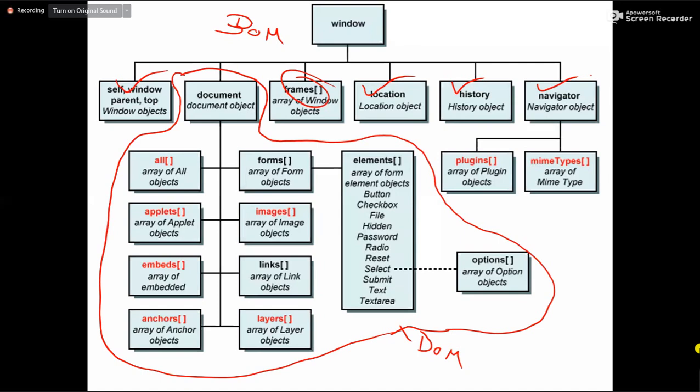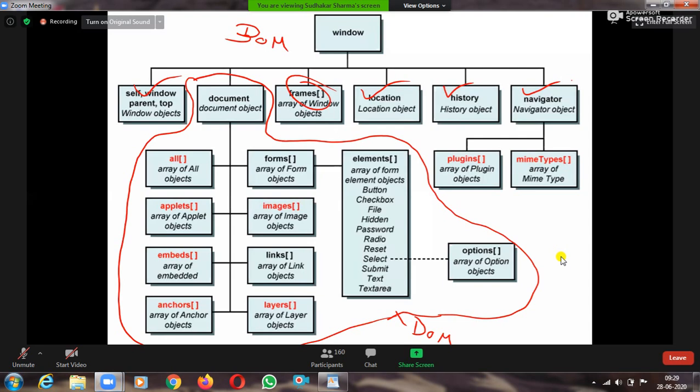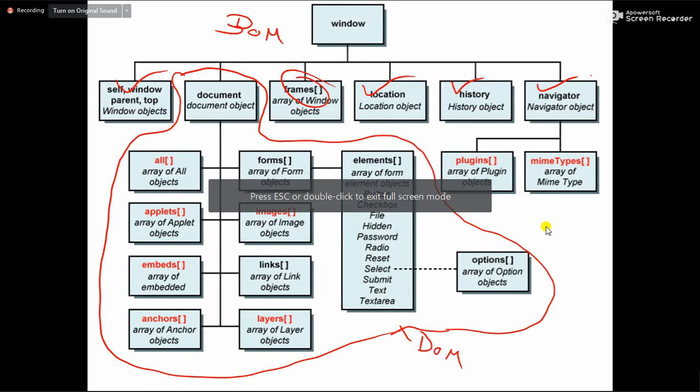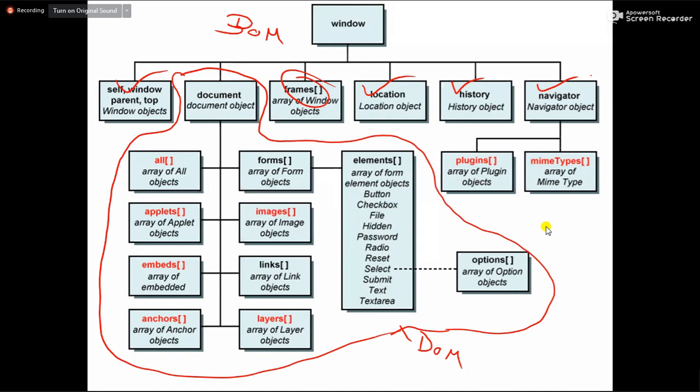For example, suppose we open any video in a browser, then immediately the browser will alert saying that you need a flash player to watch this video. You don't have a flash player, please install. How does that website know that our browser, in our computer, does not have a plugin for flash?